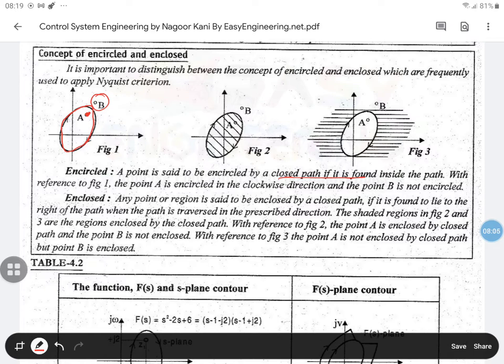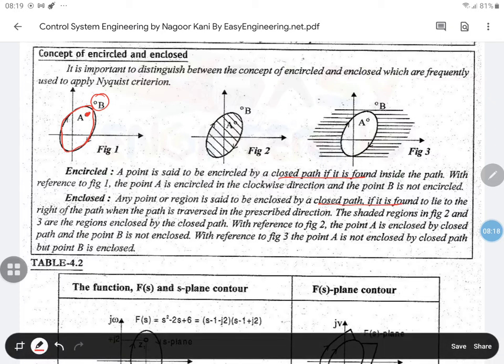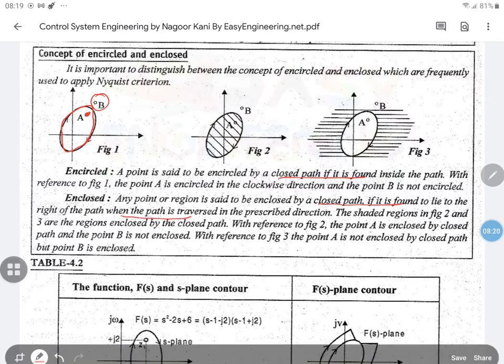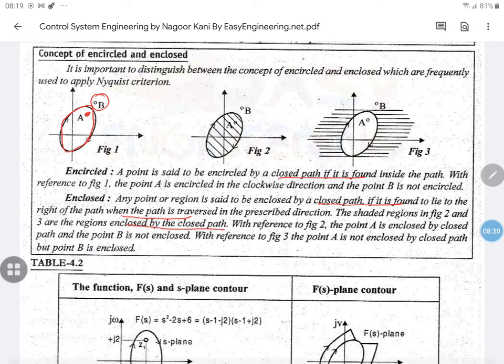Then enclosed. What is enclosed? Any point or region is said to be enclosed by a closed path if it is found to lie to the right of the path when the path is traversed in the prescribed direction. The shaded regions in figure 2 and figure 3 are the regions enclosed by the closed path.